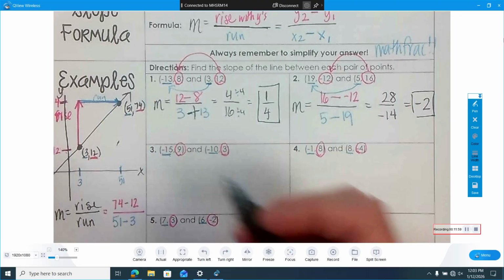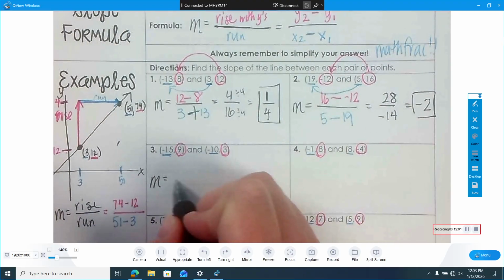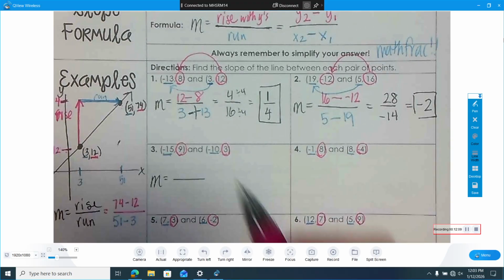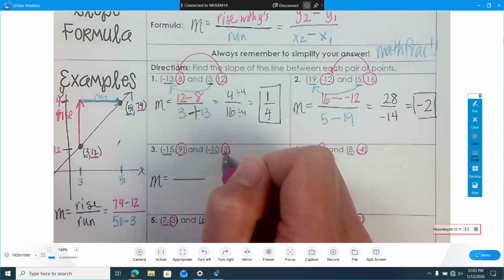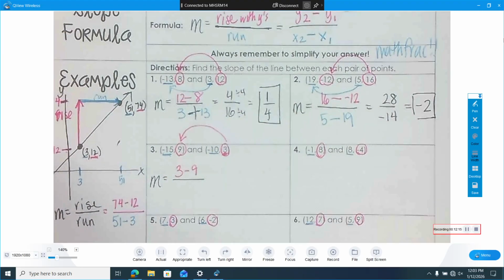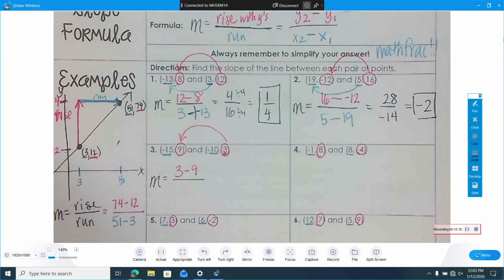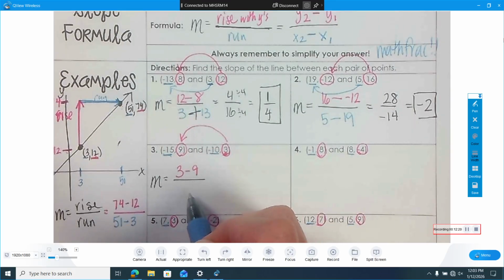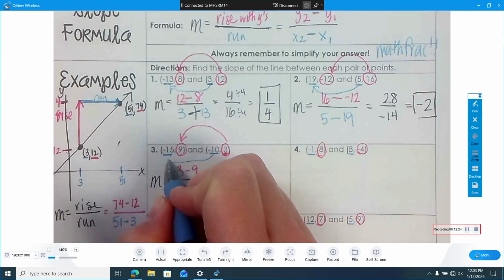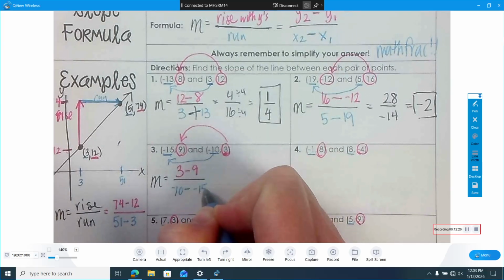All right. Slope is a fraction. We're going to do one more together. If you think you get it, please do more. Please keep going. Rise with the y's. I'm going to start with my y coordinate of 3 and subtract the 9. What am I going to write on the bottom? Negative 10, good, minus negative 15, beautiful.